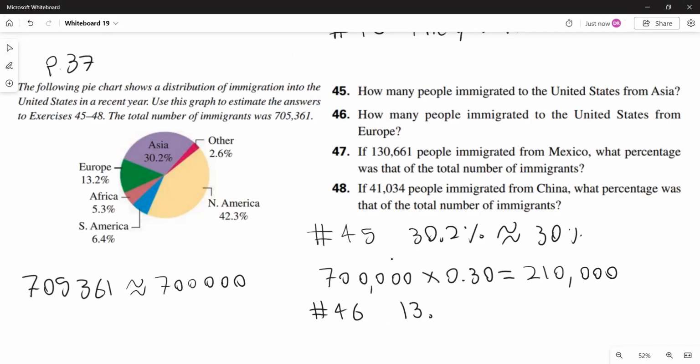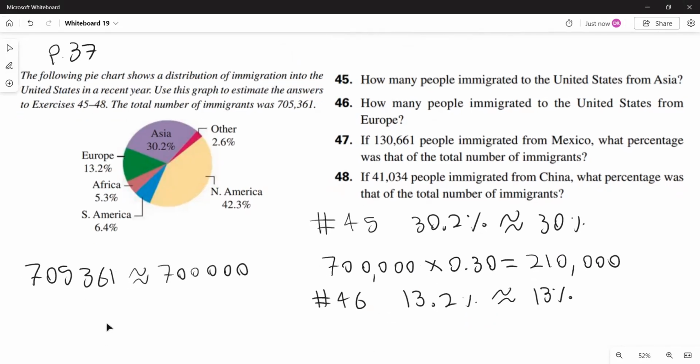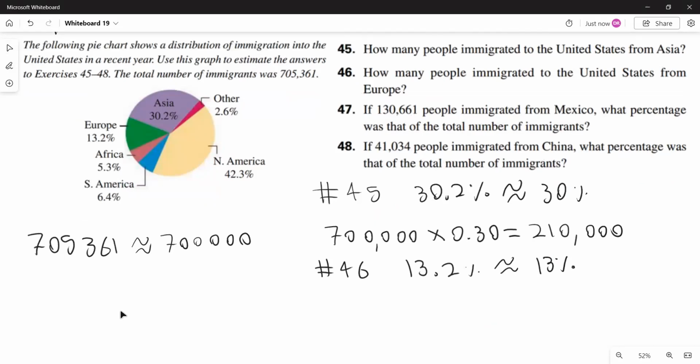So we're going to use a compatible number, and the total number of people is going to be 13% of 700,000. So that is going to be 91,000.